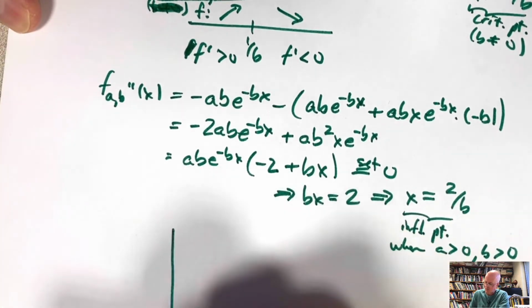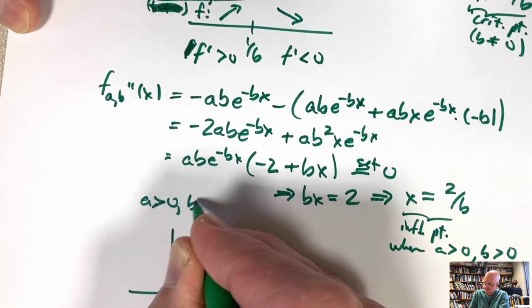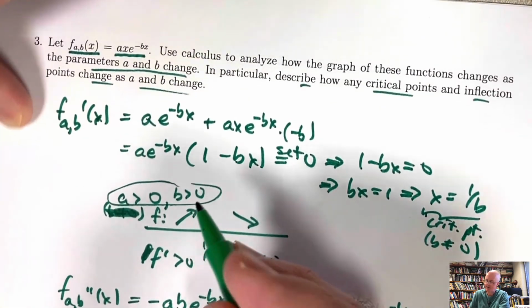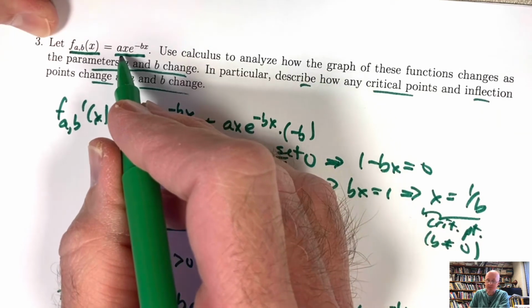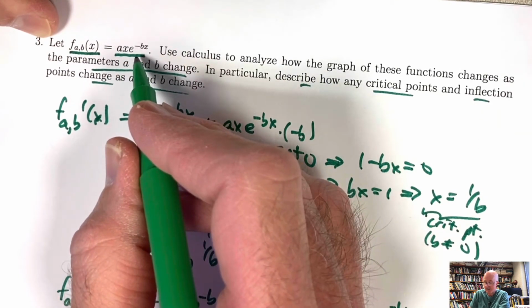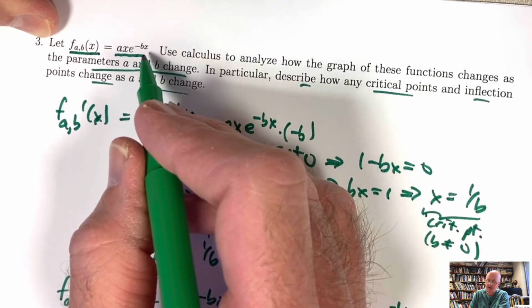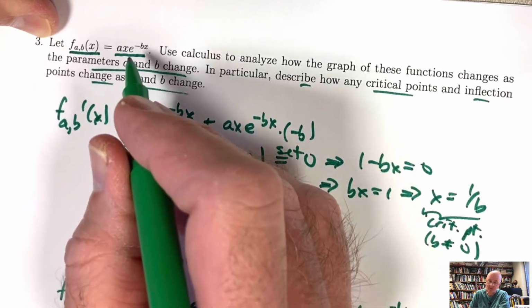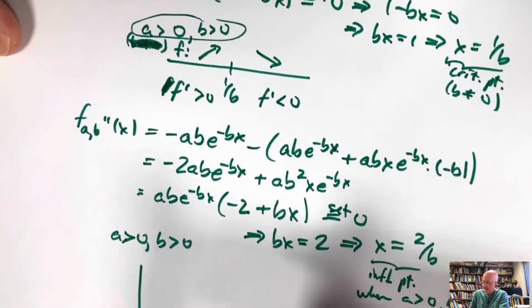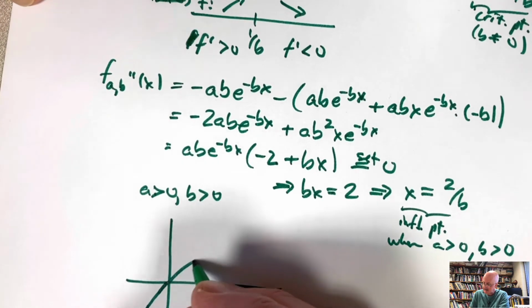So in the case where a and b are both positive, you can also think about the fact that this function is going to be negative in value when x is negative, positive in value when x is positive, and in fact, as x goes to infinity, this goes to 0, when b is positive for sure. The graph is going to look like this.